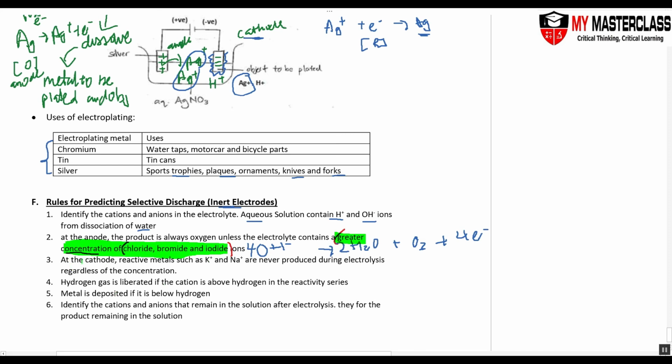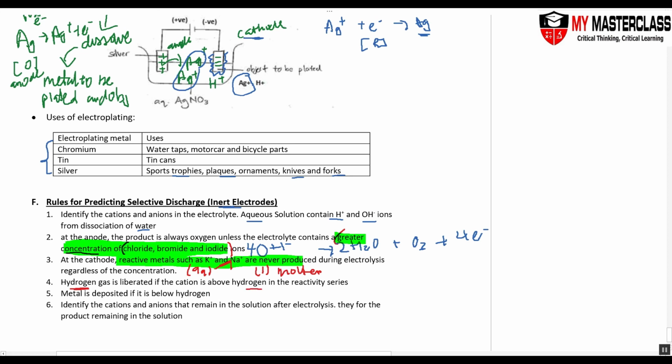At the cathode, reactive metals such as K+ and Na+ are never produced, especially if you are using aqueous solutions. But if you are using molten, because there are no competing ions to discharge, they will be produced. Most of the time you will liberate hydrogen gas.